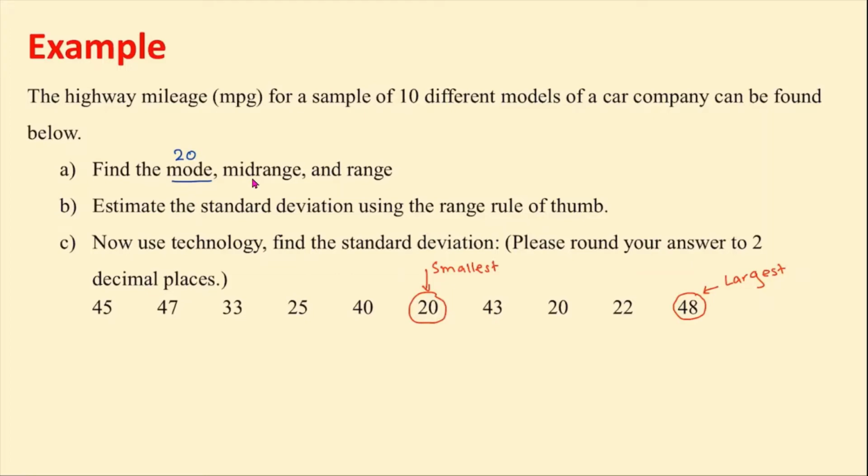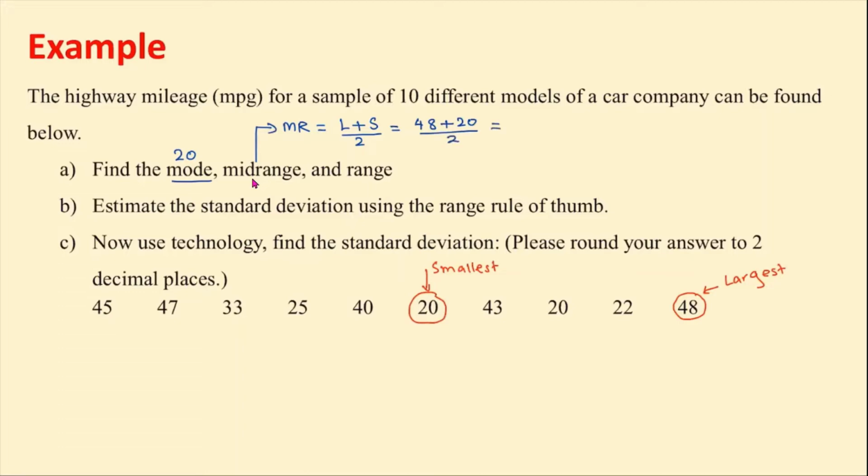Next one, we are asked to find the mid-range. Mid-range is denoted by MR. And the formula to find the mid-range is the largest value plus the smallest value divided by 2. So here the largest value is 48, the smallest value is 20, and we divide that by 2.